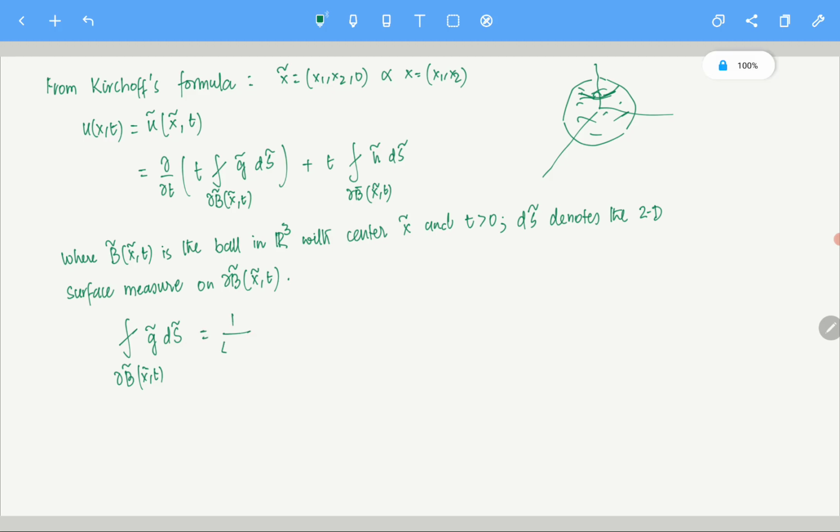It is 1 by 4 pi t square, of course, because the surface area of the ball in 3 dimension is this, and then you have the integral over del b tilde of x tilde comma t, g tilde ds tilde. Clear? That is fine.